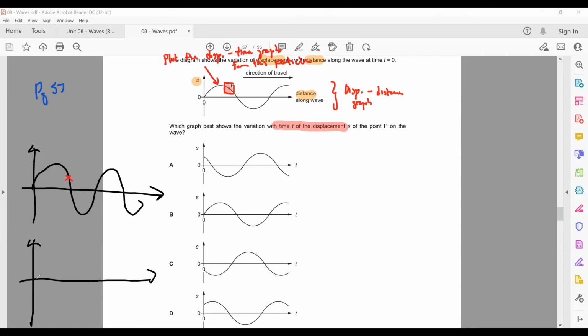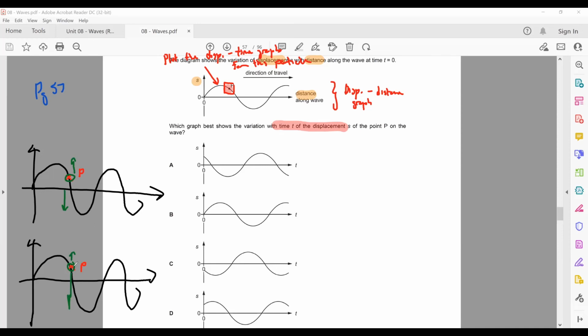This is particle P and particle P. Just now I mentioned to you, when you're talking about a transverse wave, the particles will just oscillate up and down. So specifically for particle P, you do know that they're just going to oscillate up and down.